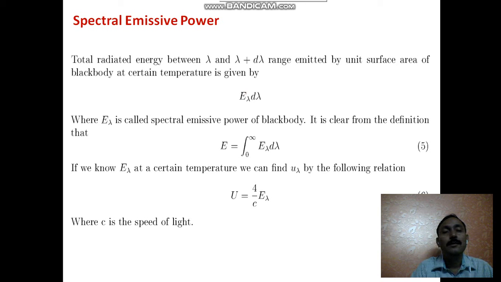So E lambda is called spectral emissive power of the black body. It is clear from the definition that the energy E, or emissive power, is equal to the integration from 0 to infinity of E lambda d lambda.